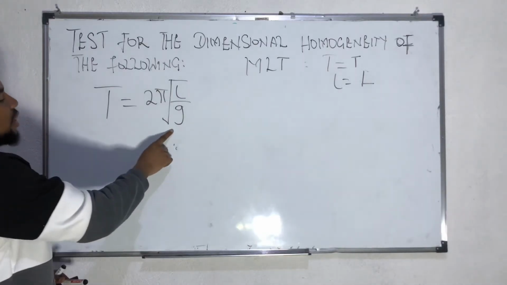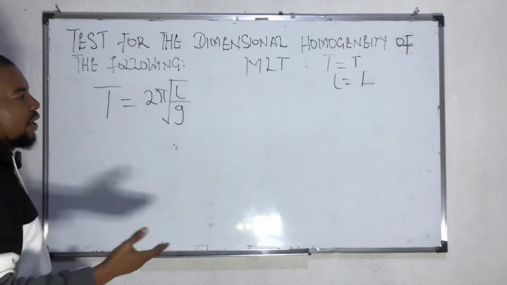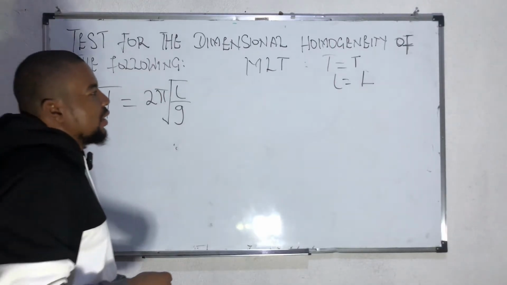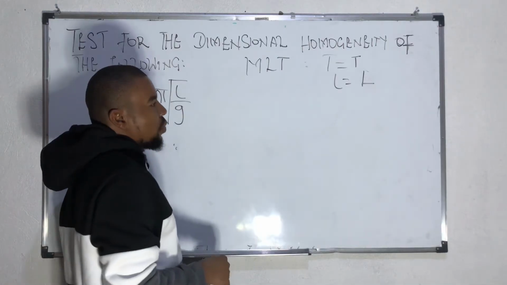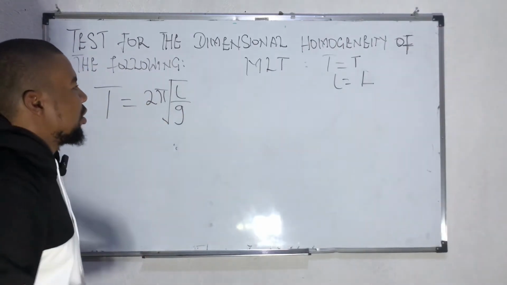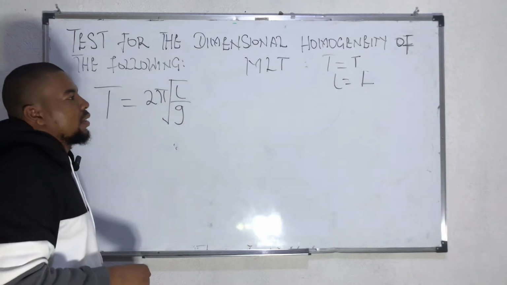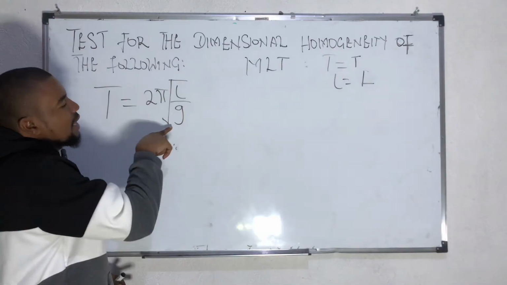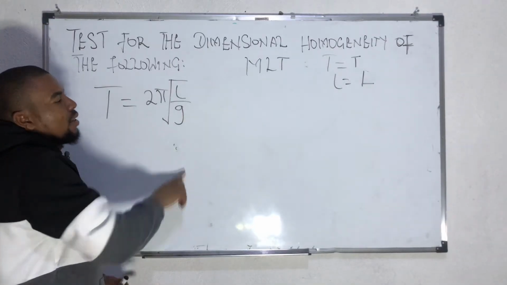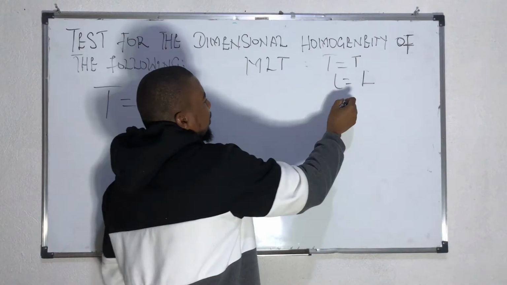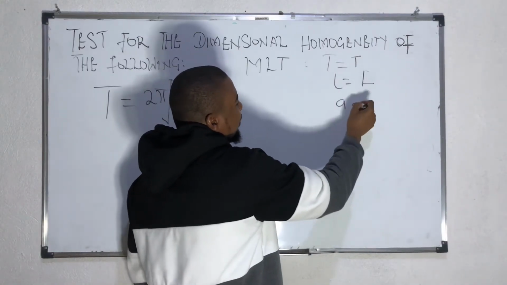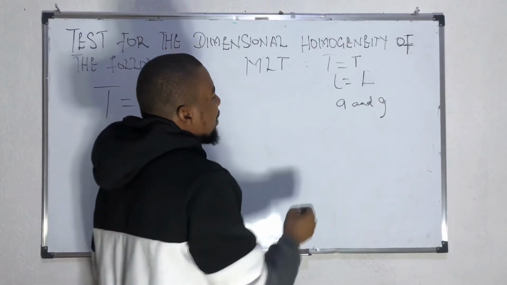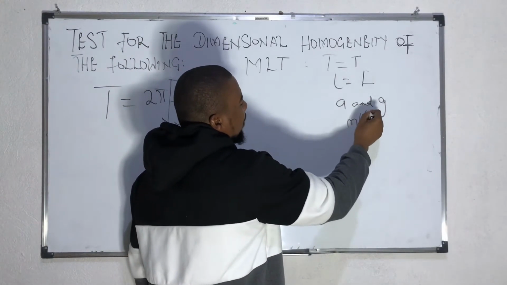And lastly, the g here is the acceleration due to gravity, right? The acceleration due to gravity is measured in meters per second squared. And you know that acceleration is the rate of change of velocity with respect to time. So it's also going to have the same dimensions as a, okay? So acceleration and g have the same dimensions because they are both measured in meters per second squared.